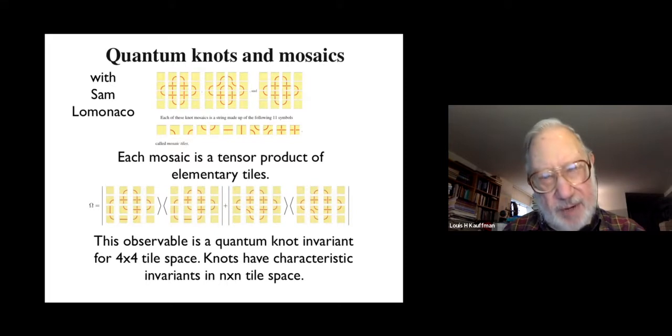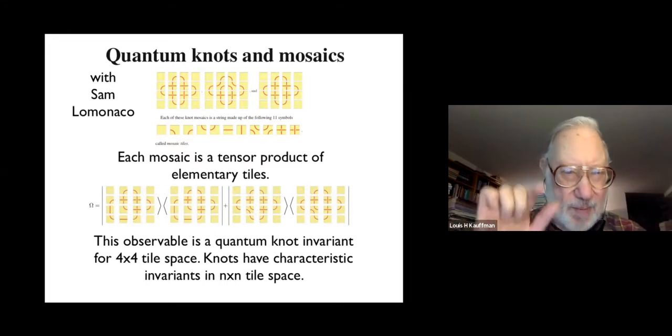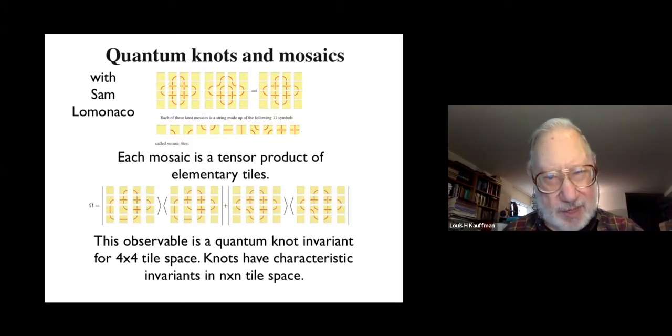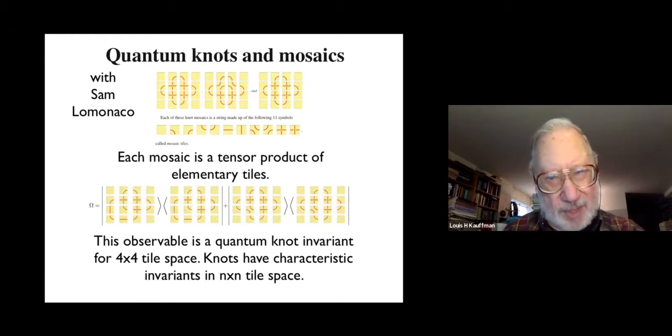And then you can define unitary transformations on these knots represented as tensor products of elemental things. You can define unitary transformations on them that correspond to the Reidemeister moves. So the topology becomes quantum mechanical. And we're still playing around with that model.